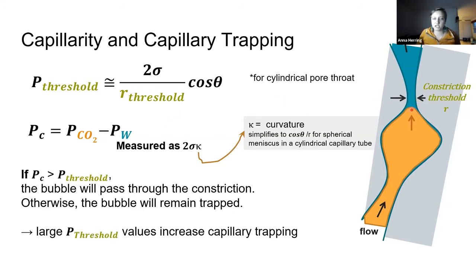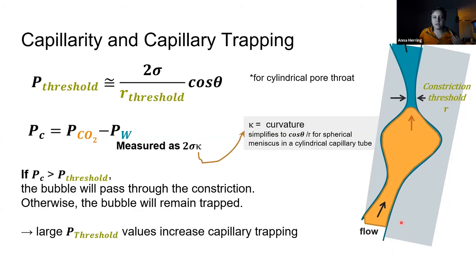And the capillary pressure across this interface is going to be equal to the pressure difference between the two fluids. So the CO2 pressure minus the water pressure. And we can measure this difference as 2 times the interfacial tension between the two fluids multiplied by the mean curvature of that interface.